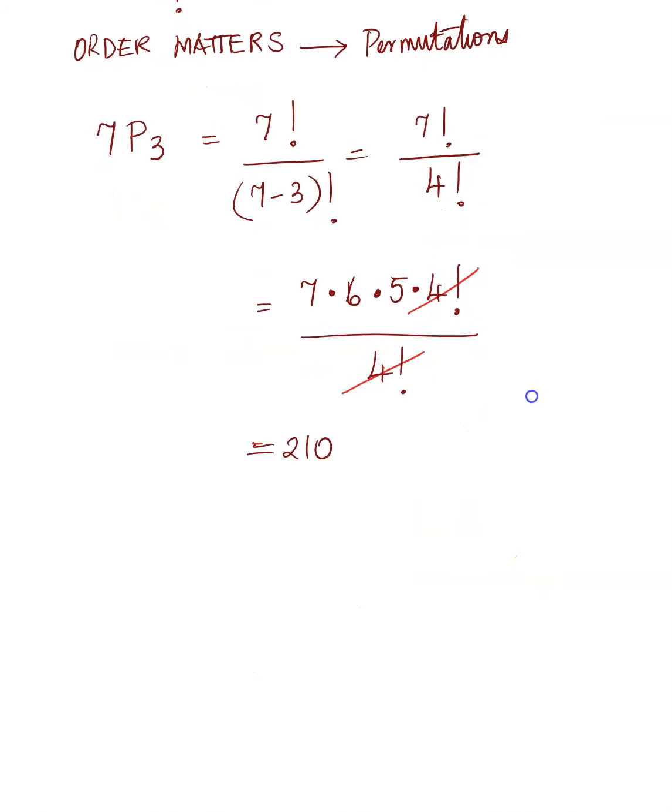Now let's do the same thing using the calculator. In the calculator, you first punch in 7 and then go to Math, PRB, and this is nPr, so choose the second option.